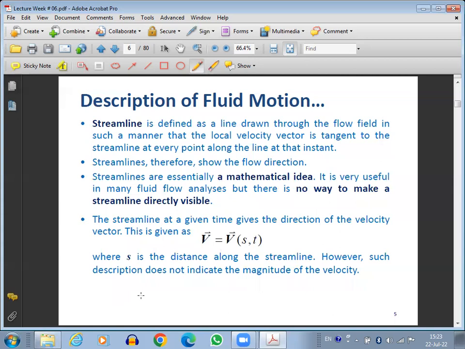A streamline is defined as the line drawn through a flow field in such a manner that the local velocity vector is tangent to the streamline at any point along the line at that instant. First of all, there is an engineering definition written here, but at the same time, you need to understand what that physically means. A streamline is as simple as you can just hear it.